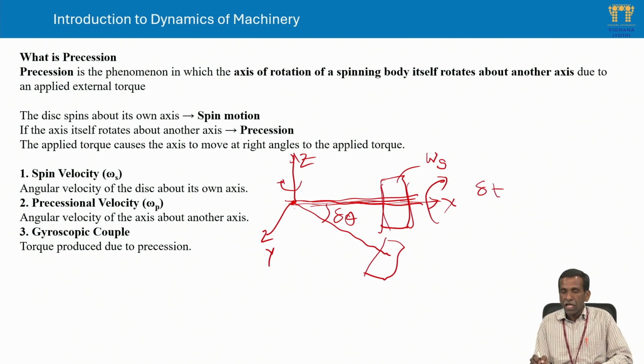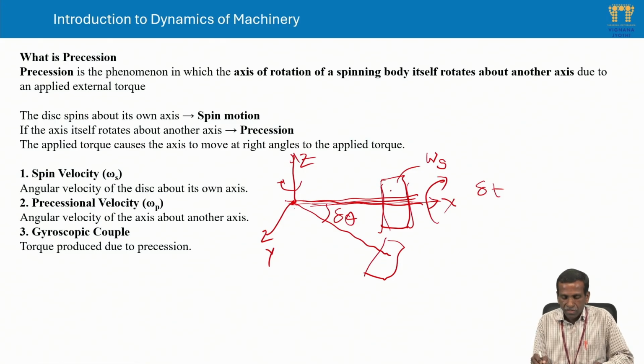This type of motion, where the spinning axis along with the rotating body is rotated about another perpendicular axis by applying some couple, is called precession. I think you are able to understand.